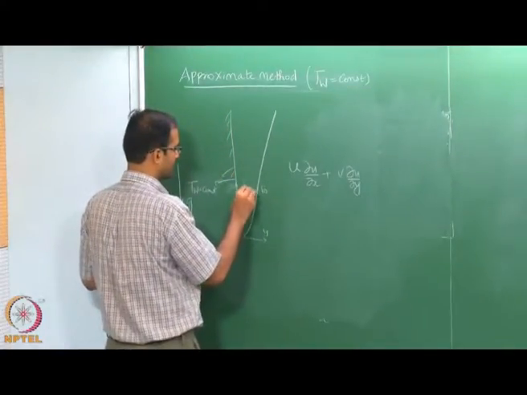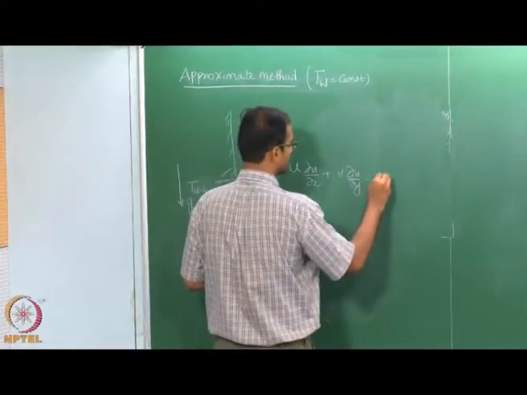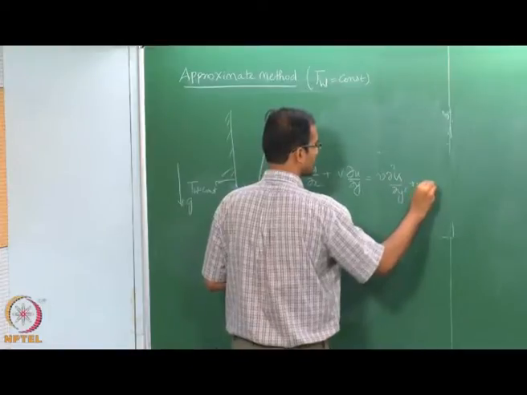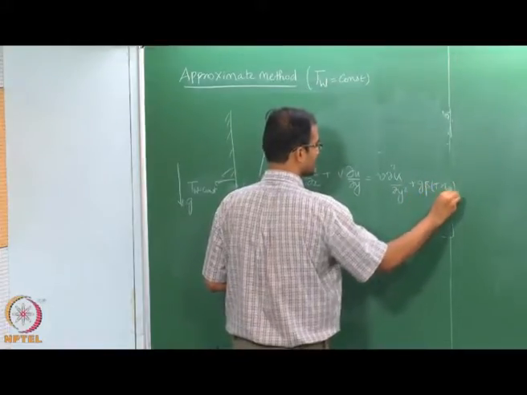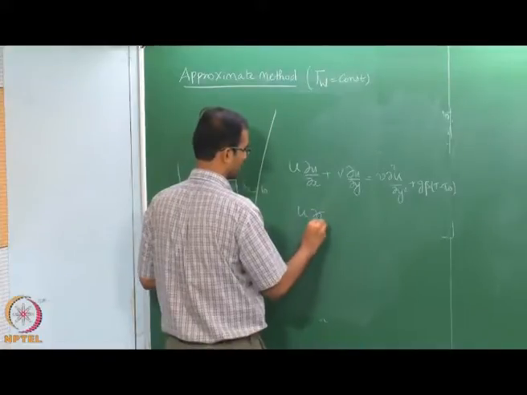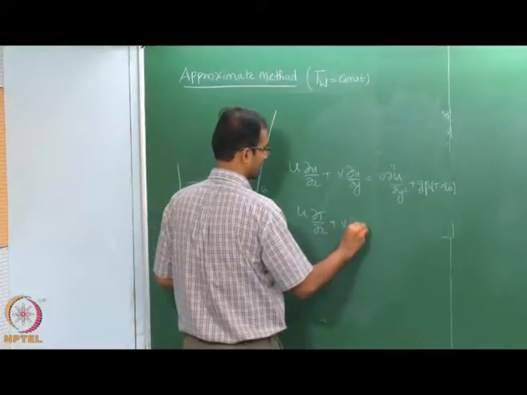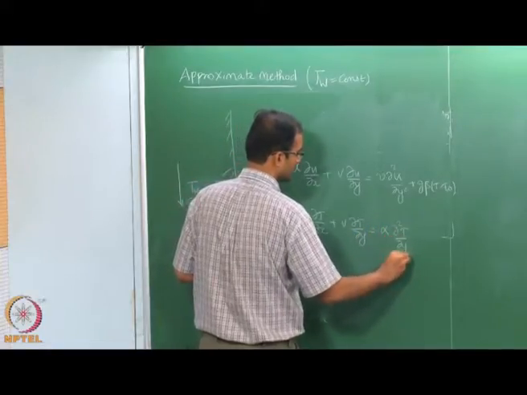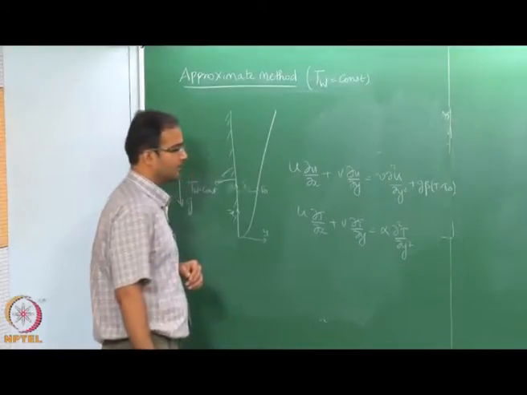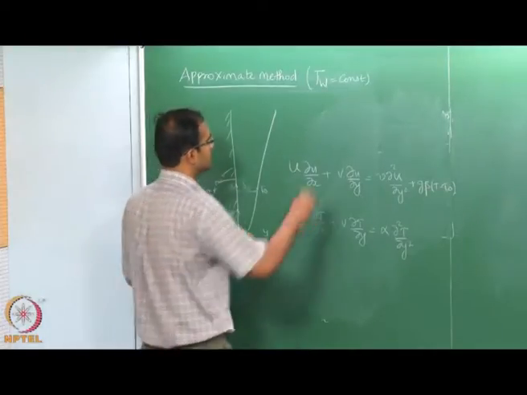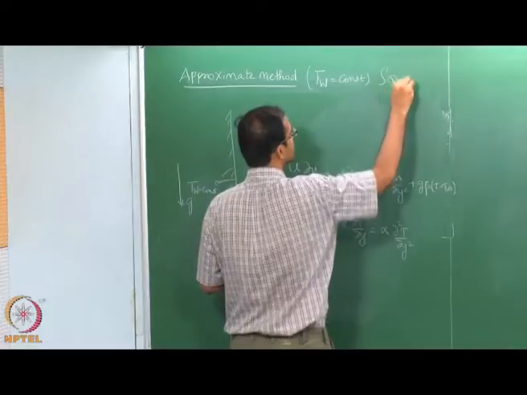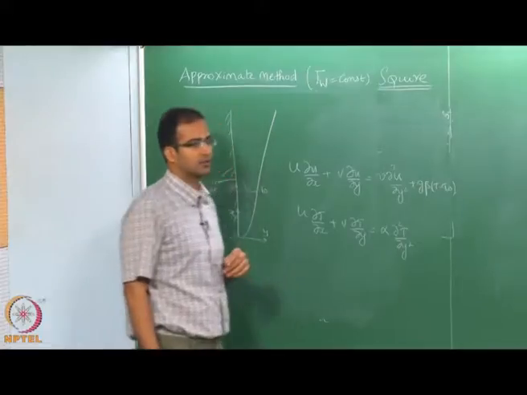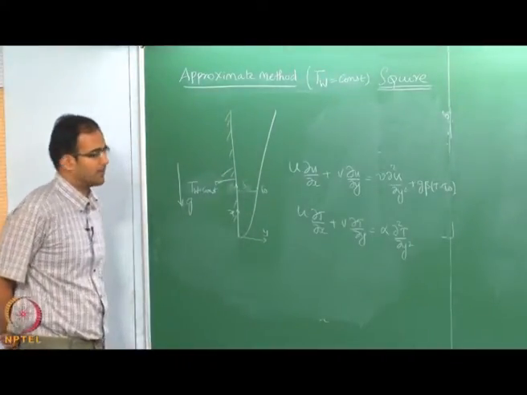Okay. So, now this solution was done by a person called Squire. This is also called the Squire solution. This is an approximate method.